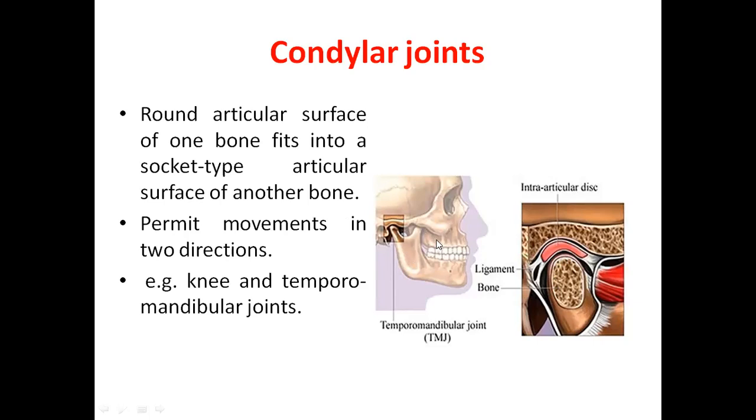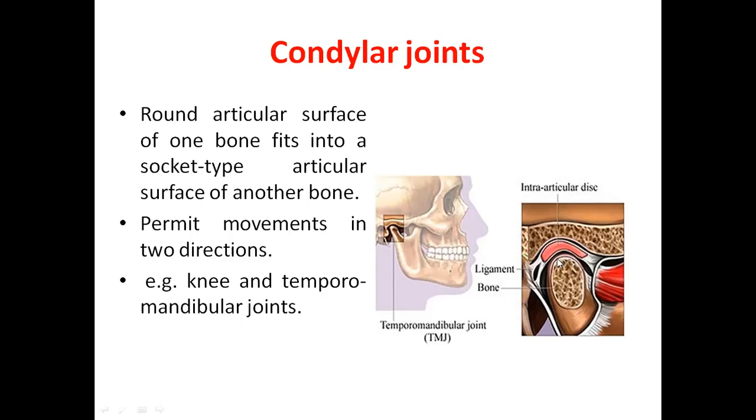The mandible has a round articular surface, and the temporal bone has a socket type articular surface. This is the mandible, and this is the temporal bone.